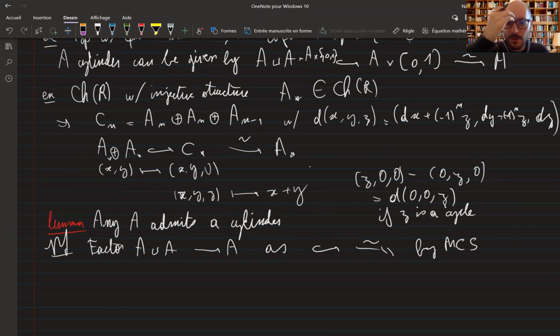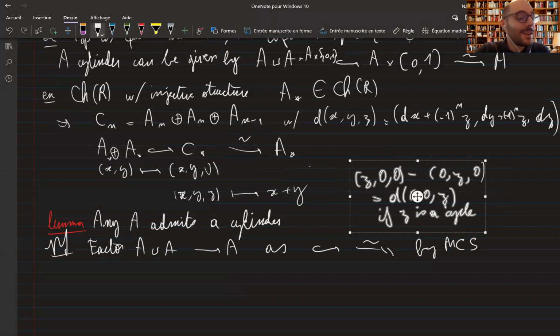I wrote the symbol for fibration. It's not necessarily a fibration. If I needed to check that this map was a fibration, then it would be much more complicated. Here I only need to check that it's a quasi-isomorphism, which is much simpler. There will exist a cylinder where this is a fibration too, but it's more difficult to describe. Here I have a simpler cylinder, and for most purposes, it's enough to have a cylinder like this. Okay.